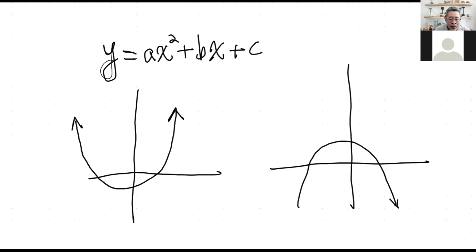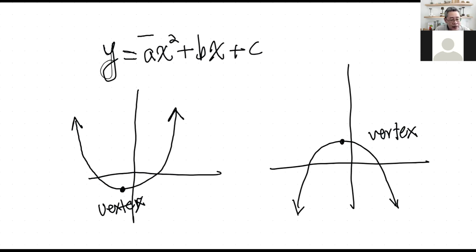Now, one thing here is this is called the vertex. And also we have a vertex here. Okay. Now, this is called the leading coefficient.